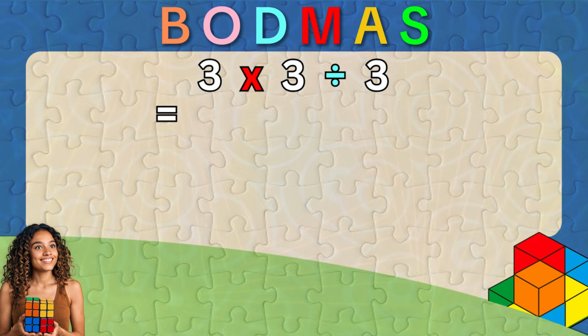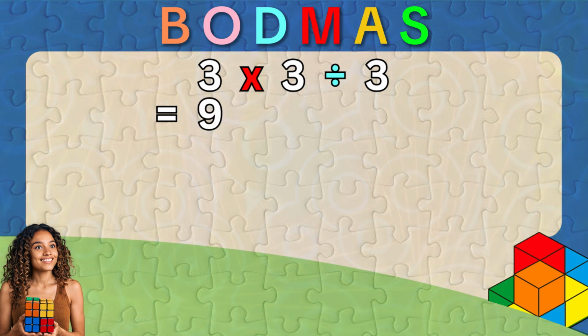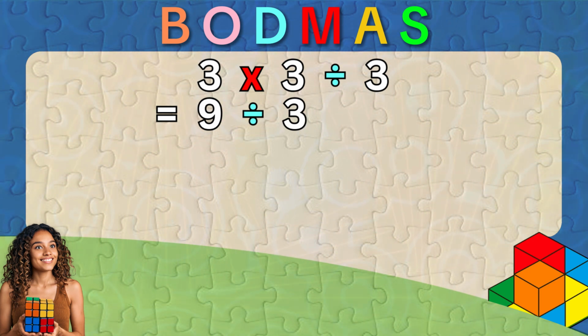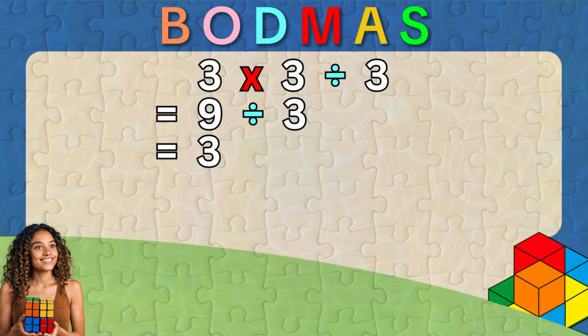So first, we'll multiply. 3 times 3 is 9, so let's write down 9 on the line below, and then the rest of the sum, divided by 3. The equation is now simplified and becomes 9 divided by 3. And we know that 9 divided by 3 is 3.